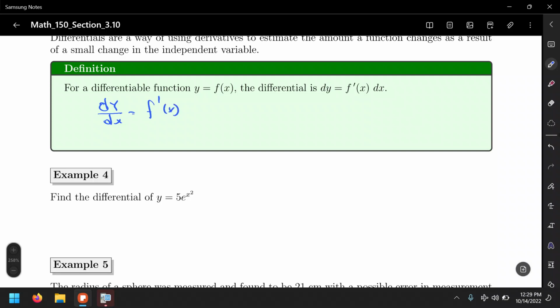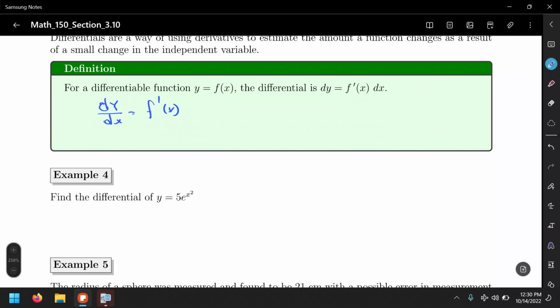So up to this point, we have thought about this dy dx as only one symbol to determine how y is varying with respect to x. So we're looking at the rate of change of y with respect to x. But this time, in differentials, we will finally look at this symbol as the quotient of two quantities, because yes, it looks like a quotient, right?